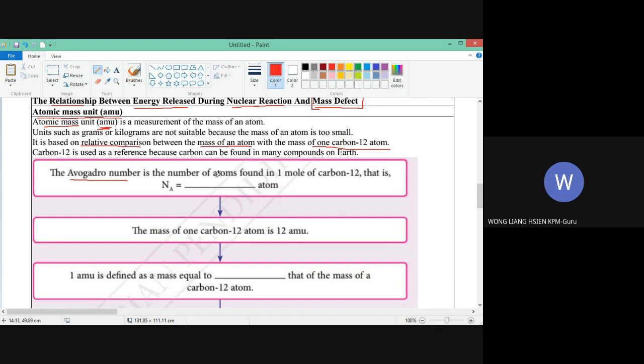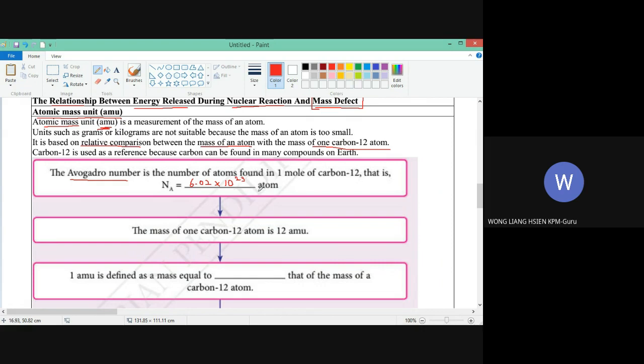The Avogadro number is 6.02 times 10 to the power of 23.